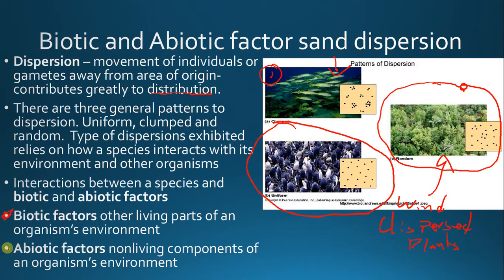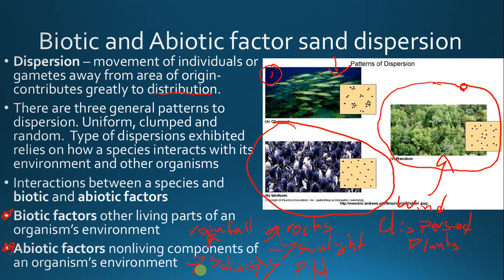And abiotic factors are the non-living components, like rocks, sunlight, pH, salinity, rainfall. All of those things are part of an organism's environment, very important in ecology, okay?